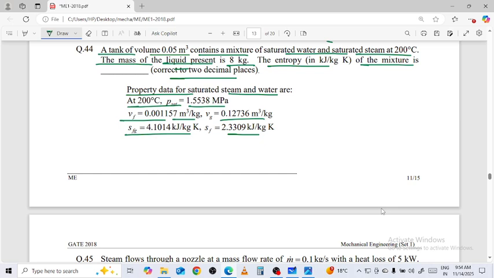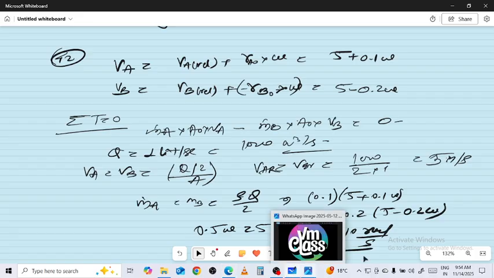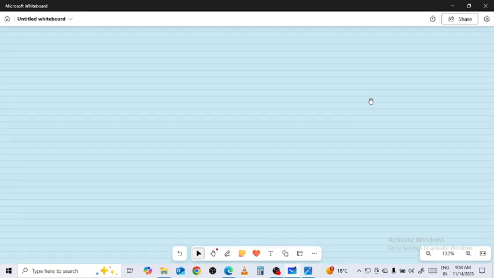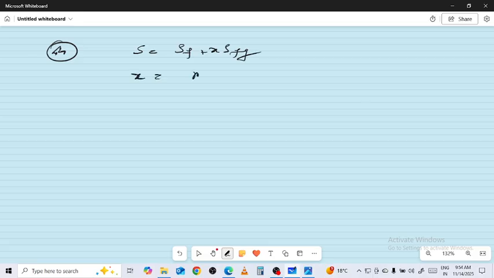So here let us calculate. Here S is equal to SF plus X times SFG. X is the dryness fraction, mass of vapor upon mass of vapor plus mass of fluid.